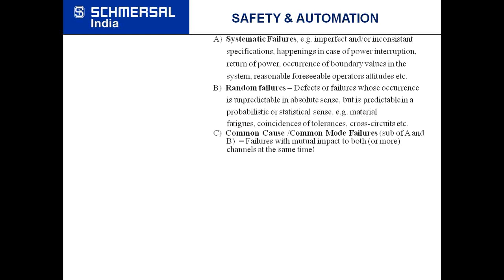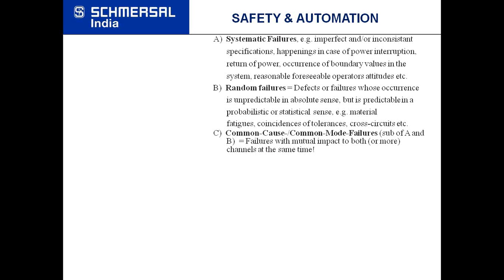So just to touch upon the failures, we have mainly three types of failures. One is systematic failure, which is inconsistent specifications happening in case of power interruption, return of power, occurrence of boundary values in the system.